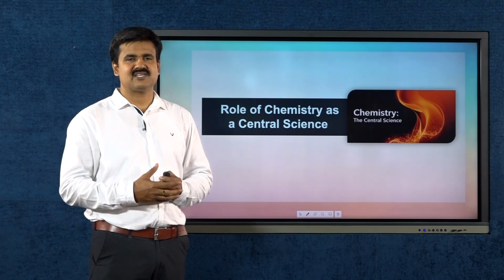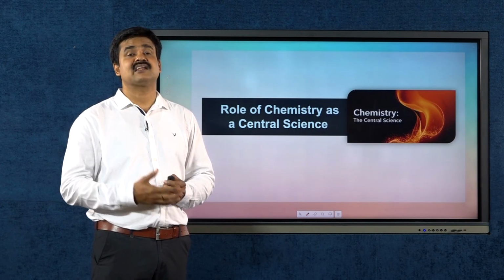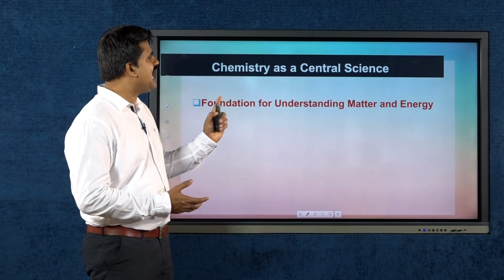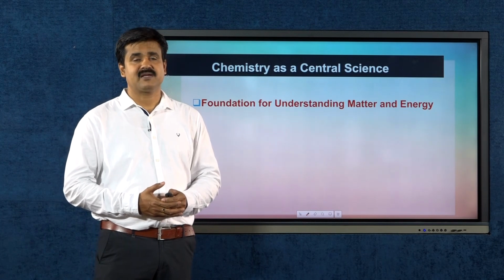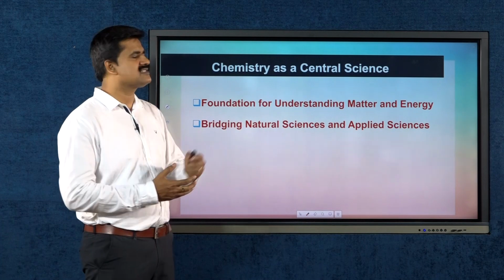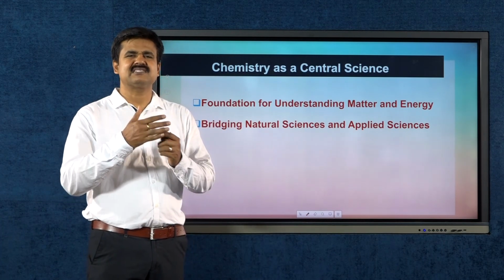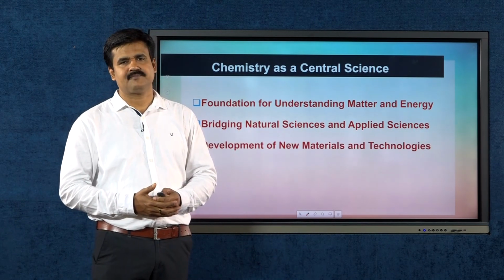Now we are focusing on what is the role of chemistry as a central science. Foundation for understanding matter and energy is provided by chemistry. Chemistry bridges natural science and applied science. So, chemistry acts as a bridge between natural science and applied science.